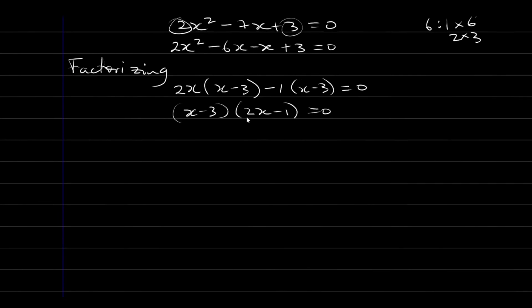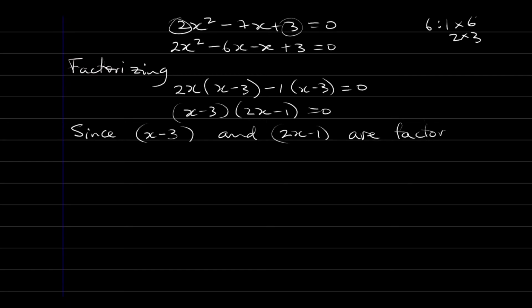Now that I have my factors, I can say since x minus 3 and 2x minus 1 are factors, then using my factor theorem, I can say x minus 3 is equal to 0, 2x minus 1 is equal to 0, and that would mean that x is equal to 3 and x is equal to a half here.